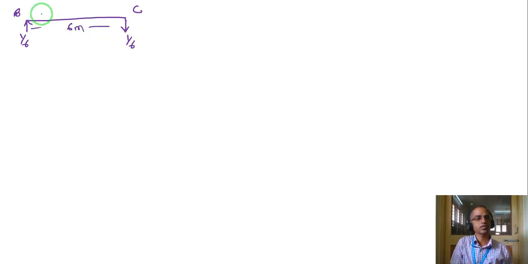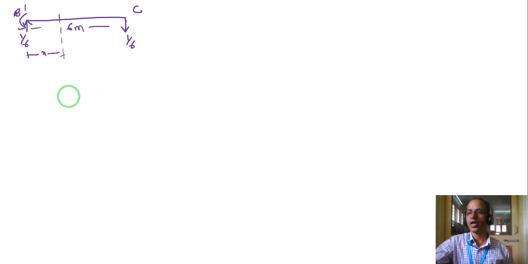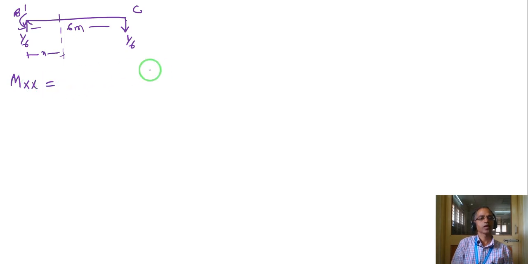So I will take a section from here at x distance somewhere here, and I also have a unit moment applied, which is 1. So I would like to take moment Mxx. Again I am going towards RHS. Towards RHS clockwise is positive. So 1 by 6 into x is clockwise positive, and the one moment is negative, minus 1.